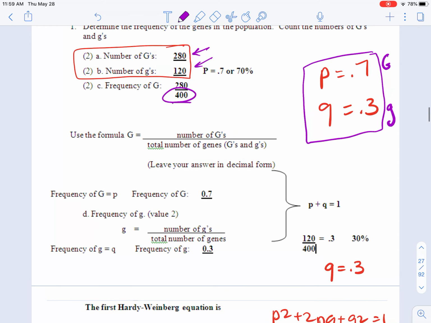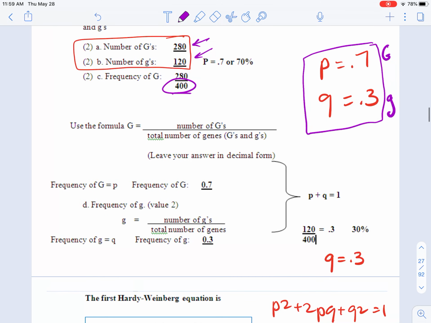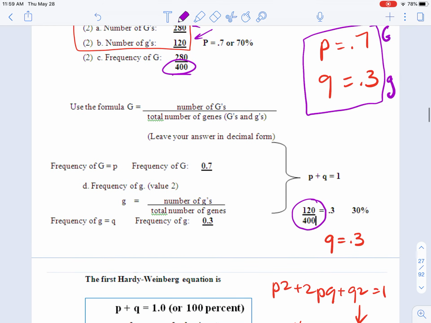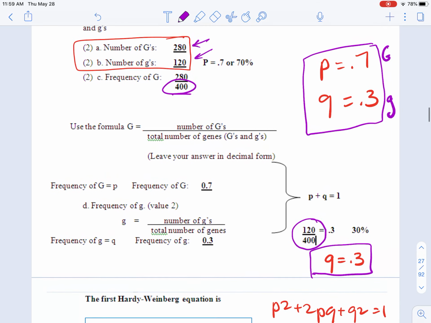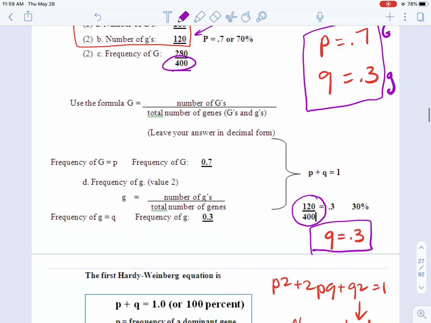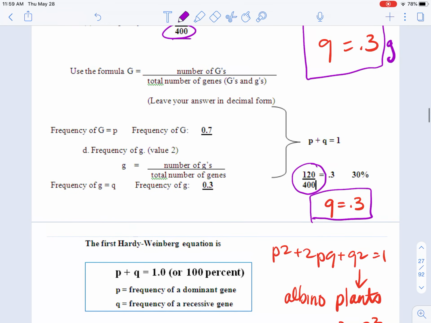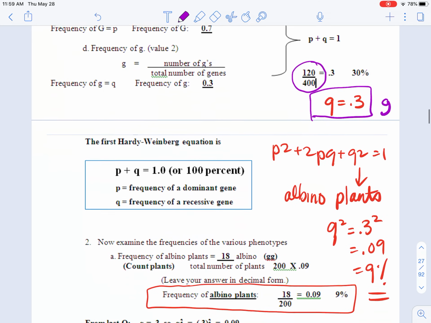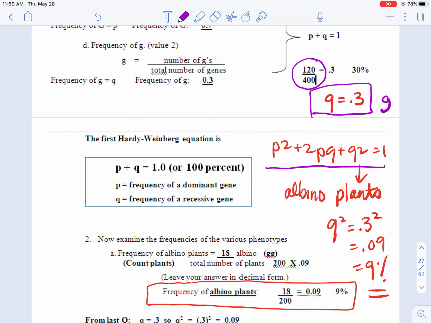So it's just showing you here that you can do that with a calculation of like 120 plants out of 400 that are recessive, meaning that if I take a square root of that q squared, I'm going to get my recessive allele. You can calculate it that way by counting the recessive plants, or you can actually count them all up and see that there's 30% recessive little g's. You could do it that way.